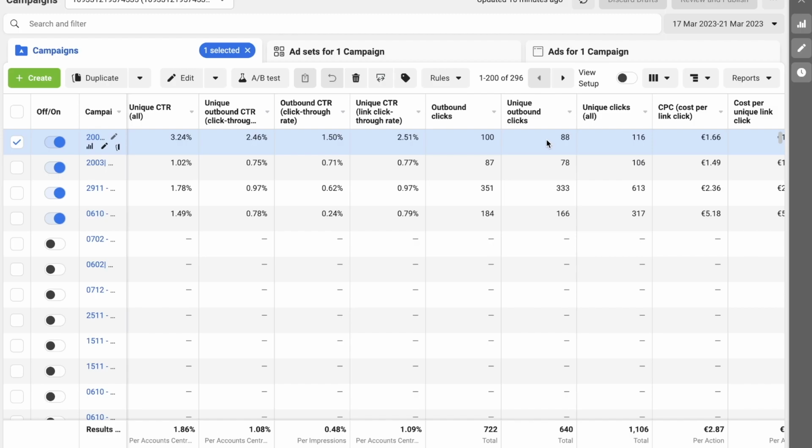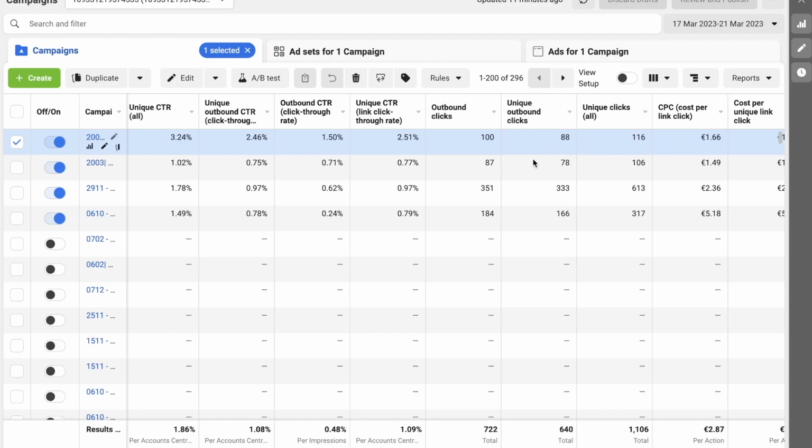And they have a weird behavior of clicking 10 times on average, which can definitely happen. Or, I mean, it depends on your tracking and the way you set this whole thing up and your strategy. But you can see that these unique outbound clicks are definitely lower than your outbound clicks, because you cannot have more individual people that have clicked compared to the overall clicks that have been performed. So it is always less.